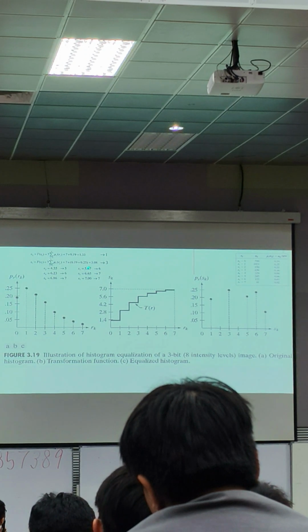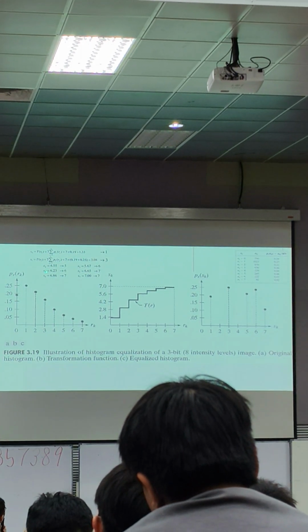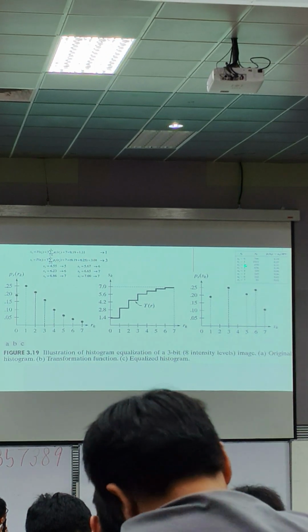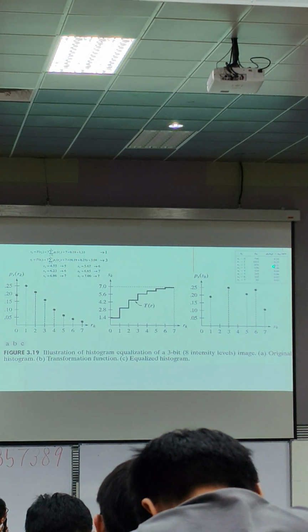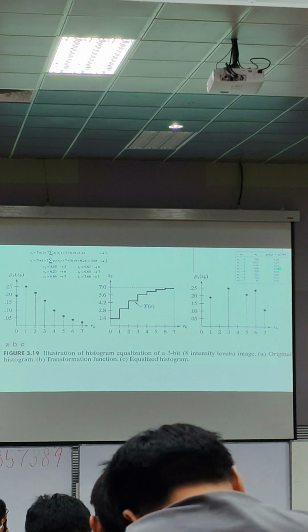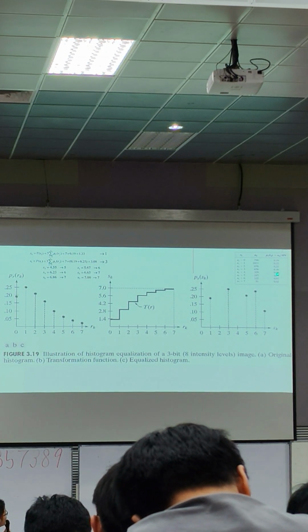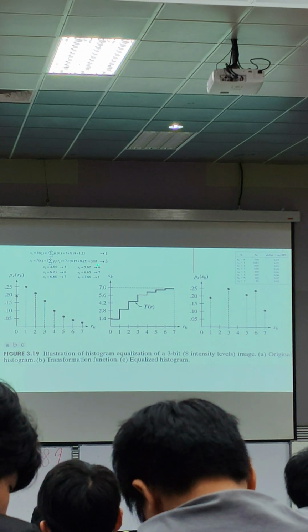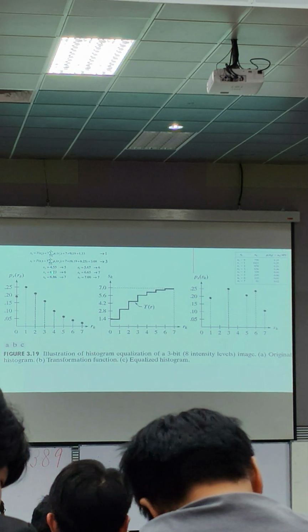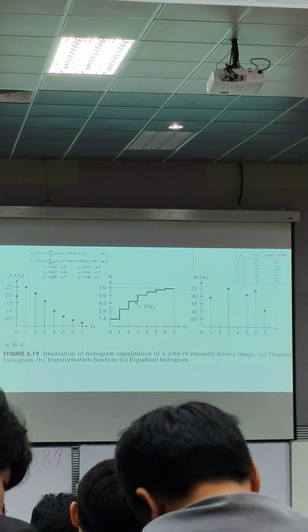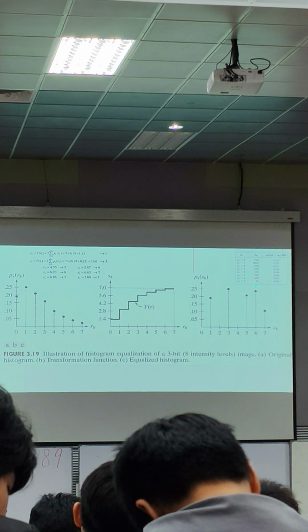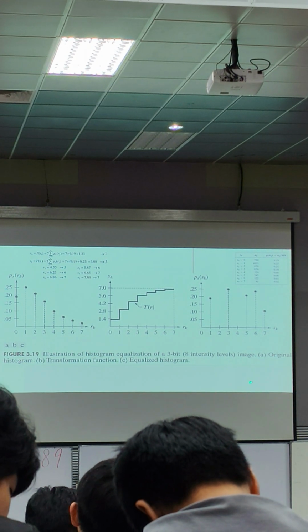6, I have 2. So they are coming from 3 and 4. So I'm going to add 3 and 4. This one 0.16 with 0.08. I'll add these two because they are coming from pixel value 3 and pixel value 4. So these two added in, and I will get this. And the last one is coming from 7.